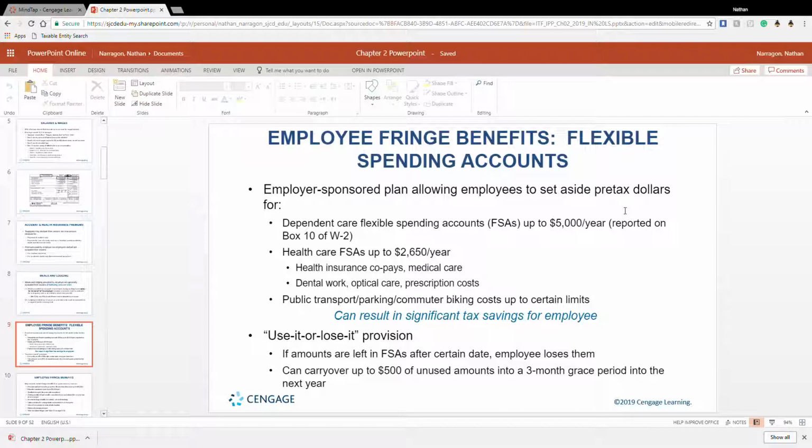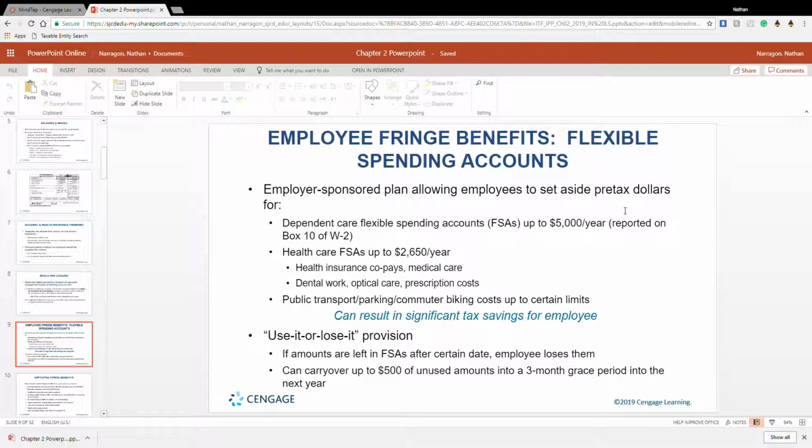These flexible spending accounts are roughly close to health savings accounts, HSAs, and they're employer-sponsored plans. These allow employees to set aside pre-tax dollars. And when we talk about pre-tax, this is basically taken out of your gross income before federal, Social Security, and Medicare is taken out, which is great. It actually saves you a little bit on taxes, and it's a good benefit.